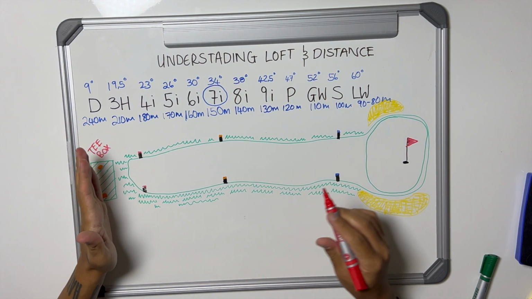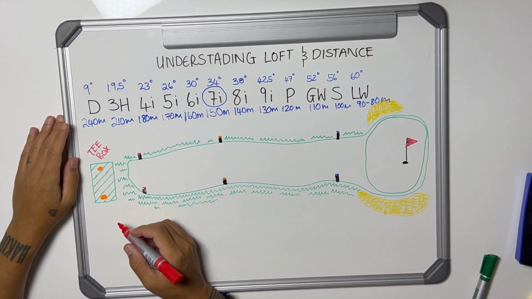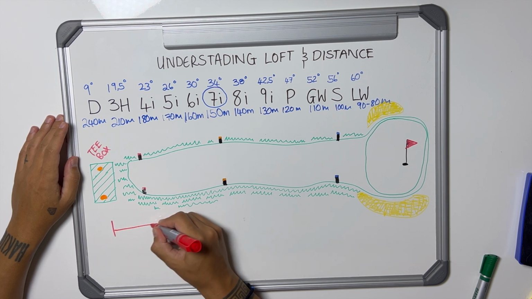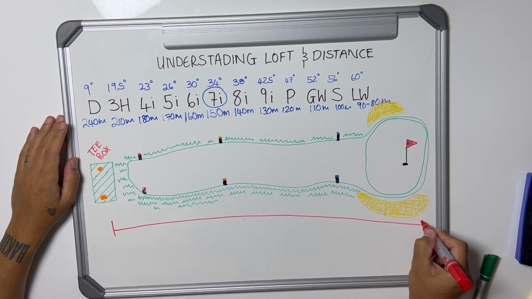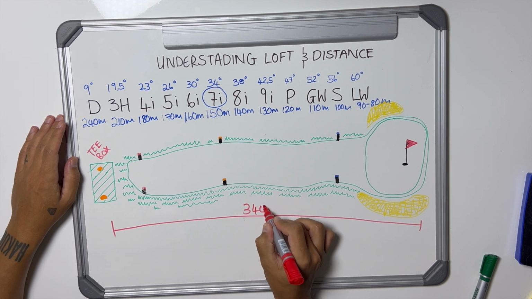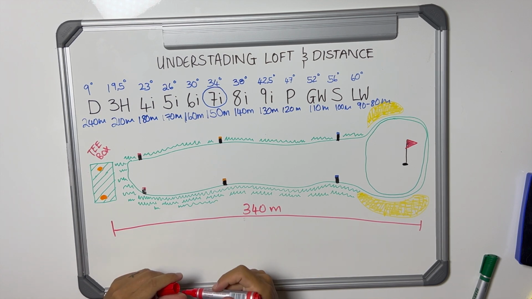From here to the end of the hole, we are given a certain meterage for the hole. Say for argument's sake, for this hole, we're dealing with 340 meters, the length of the whole hole. So now I go and hit my golf ball.